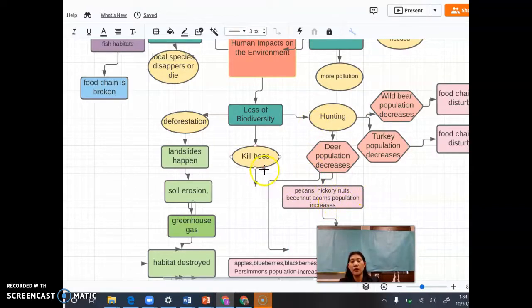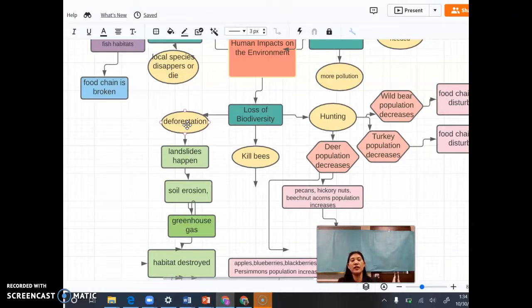What else? People kill bees. When the bees are killed, no one will do the pollination for the flowers, and the food chain is disturbed too. What about deforestation, when people cut trees?